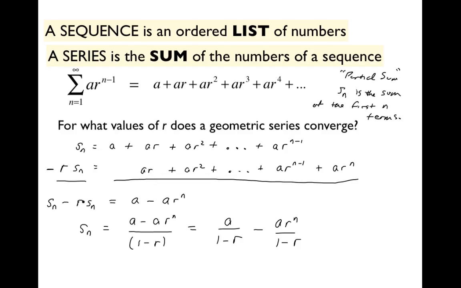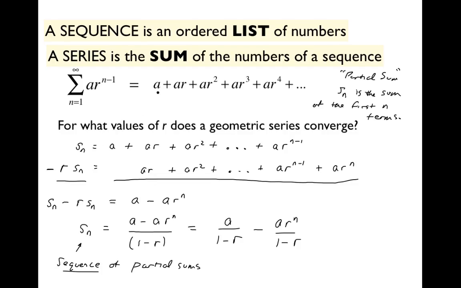Okay, and so what I can think about is the nth partial sum itself as a sequence. If I let n equals 1, then n equals 2, then n equals 3, then n equals 4, I can think of the sequence of partial sums. So what would n equals 1 be? S1.